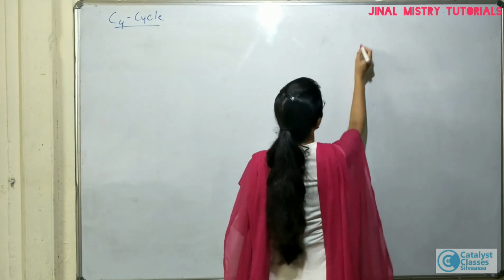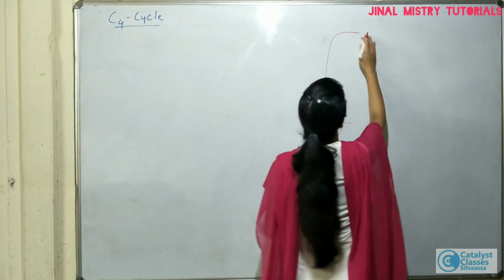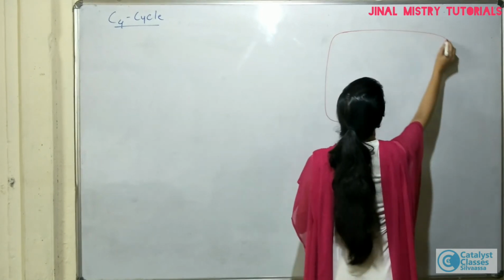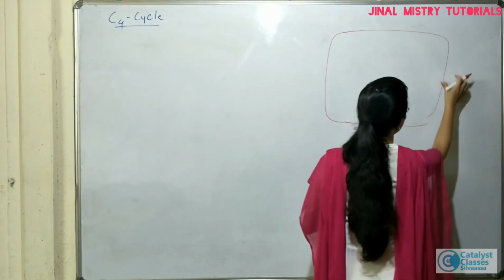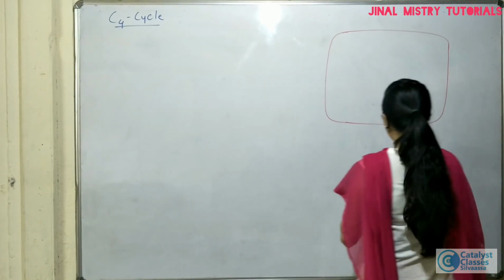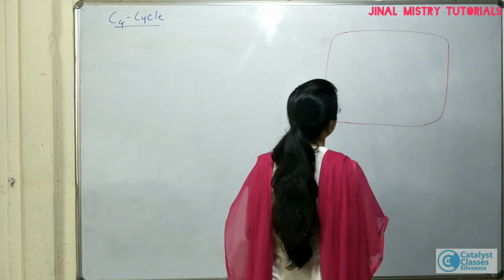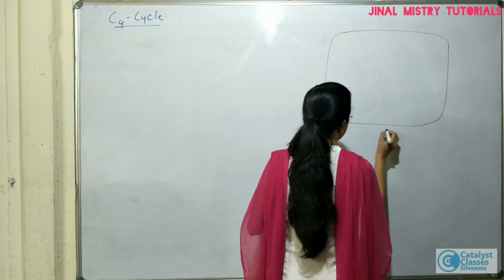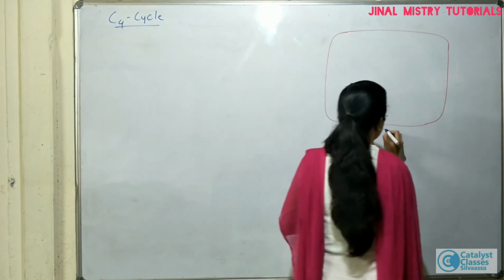So let us consider the arrangement of the cells. This is the mesophyll cell present, and these are the bundle sheath cells.